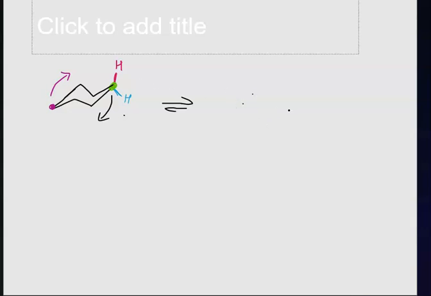When you draw that, this is what it will look like. The flip structure. I'll put back my colored carbons. This is my green carbon now because you pulled it down, and my purple carbon is over here.